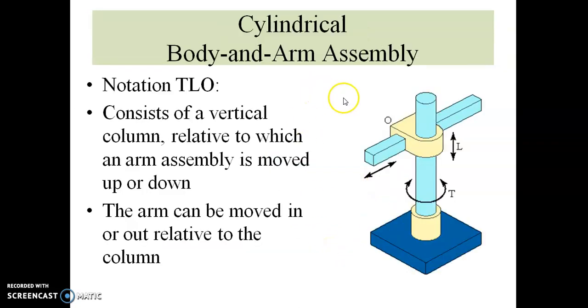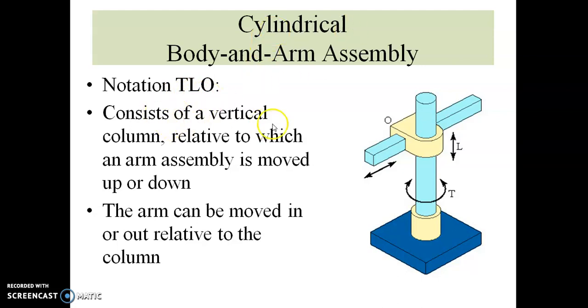In the cylindrical configuration, the TLO body-arm assembly is used. TLO means twisting, linear and orthogonal joints are used.